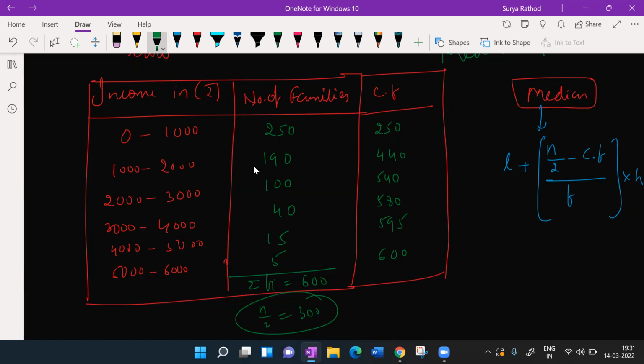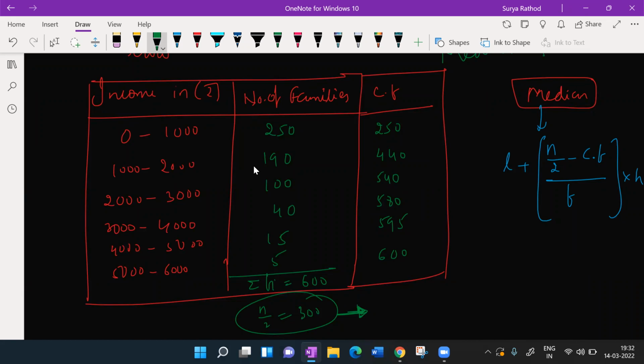First of all, what is my median class here? How to identify the median class? It's the one with the cumulative frequency just above n by 2.